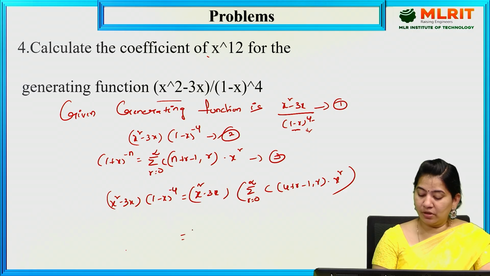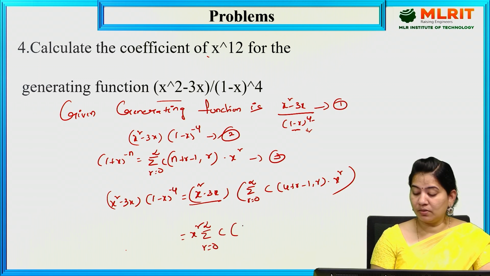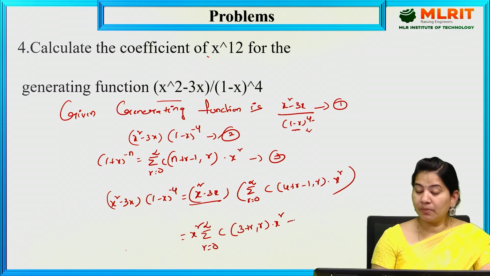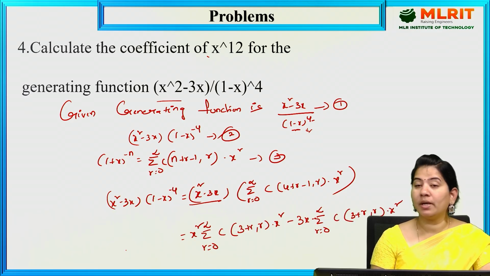Now multiply these two terms on both sides. We get x square into sigma r equal to 0 to infinity C of 4 plus r minus 1, which is 3 plus r comma r, into x power r, minus 3x into sigma r equal to 0 to infinity C of 3 plus r comma r into x power r.